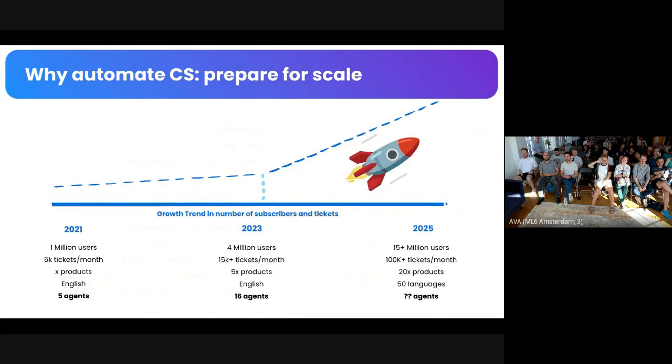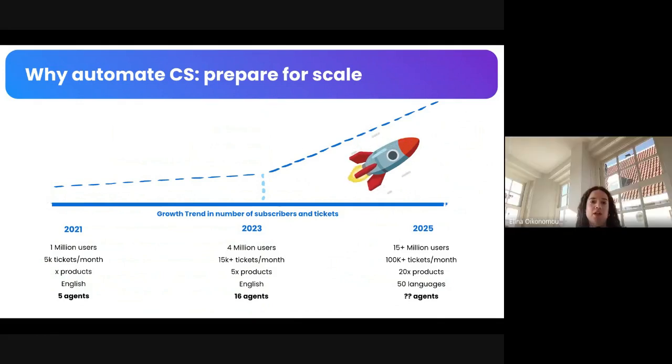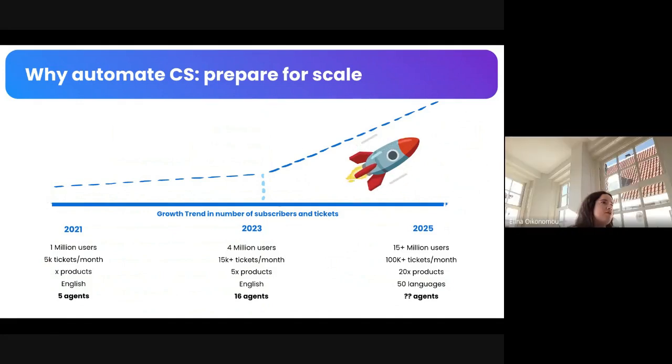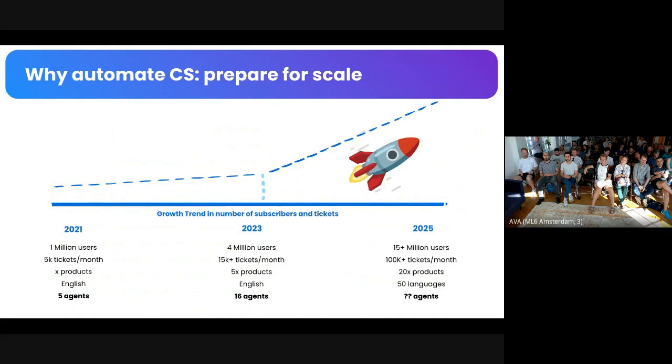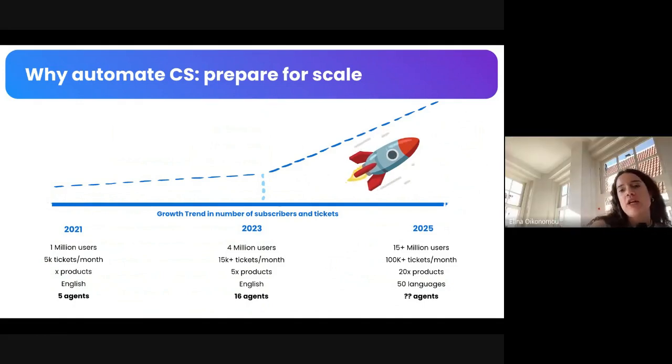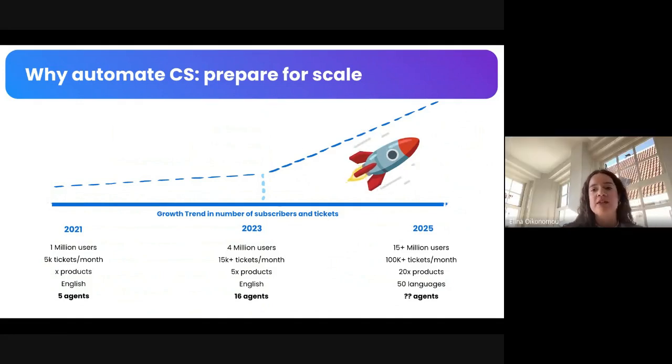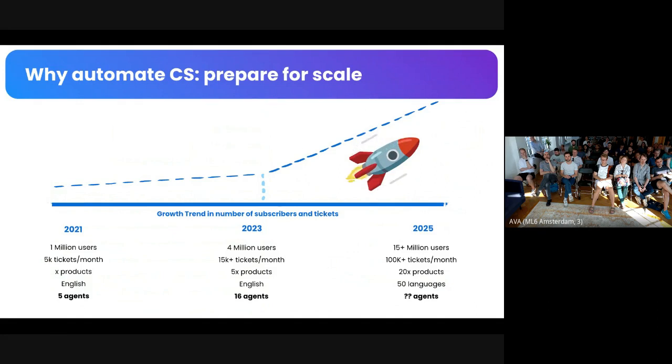Since we're really growing in the number of subscribers and tickets, if we want to, for instance, service 2 times the amount of tickets, we need 2 times the amount of agents, which very quickly becomes unsustainable. And if we want to go to more product categories or include multiple languages, it quickly gets out of hand.